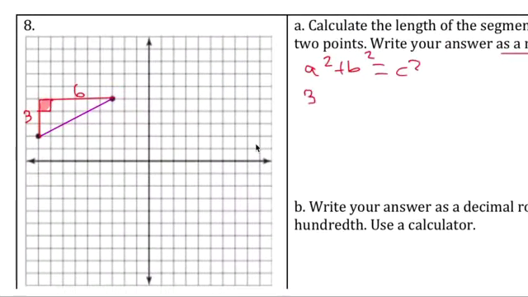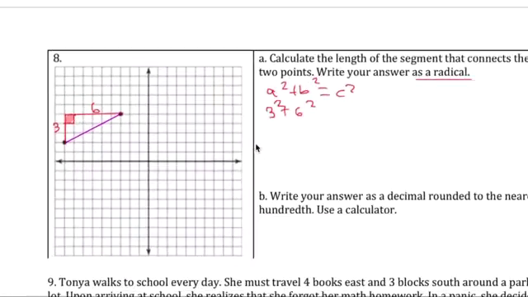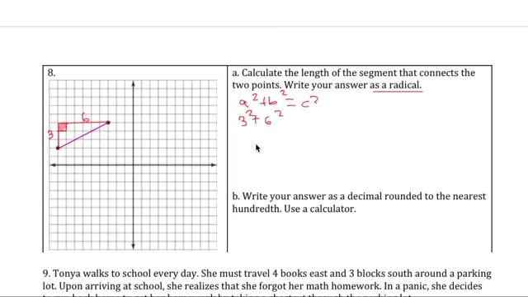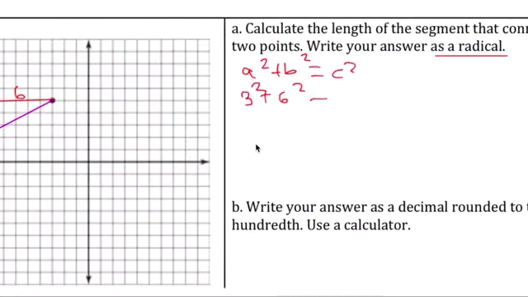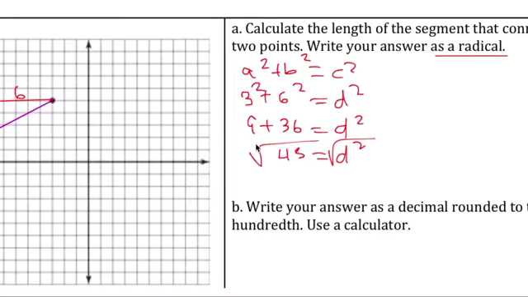So 3 squared plus 6 squared equals diagonal squared. 9 plus 36 equals the diagonal squared. Got 45 equals D squared. Take the square root. Oh, they want a nearest tenth.